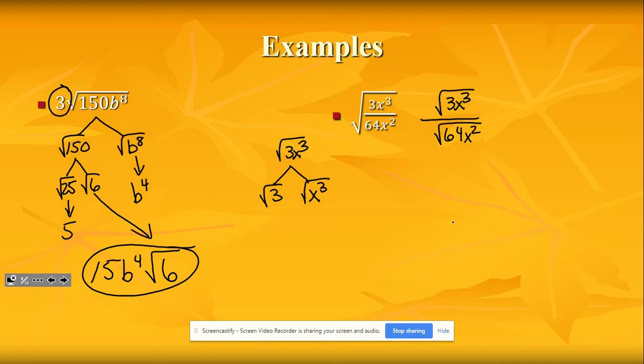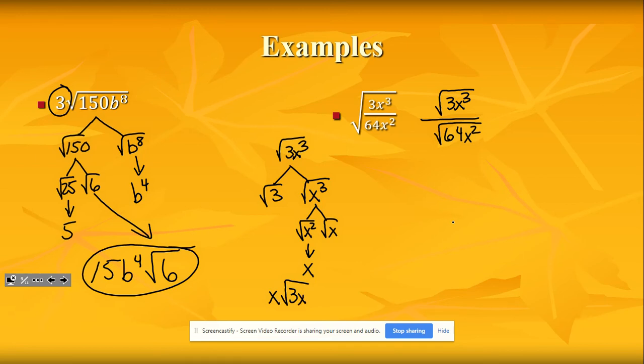There are no perfect square factors of 3, so there's no simplifying radical 3. Radical x to the third can be simplified into radical x squared and radical x. Radical x squared becomes x. So on the top, I'm left with x radical 3x.